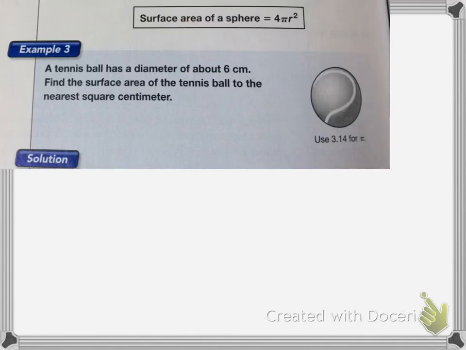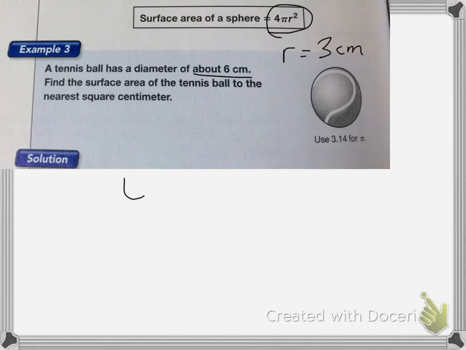Okay, now for a sphere, the surface area of a sphere is equal to 4 times pi r squared. So for this tennis ball, the diameter is 6 centimeters. And then I want to find the surface area. So first I need to figure out the radius would have to equal 3 centimeters because it's half of the diameter.